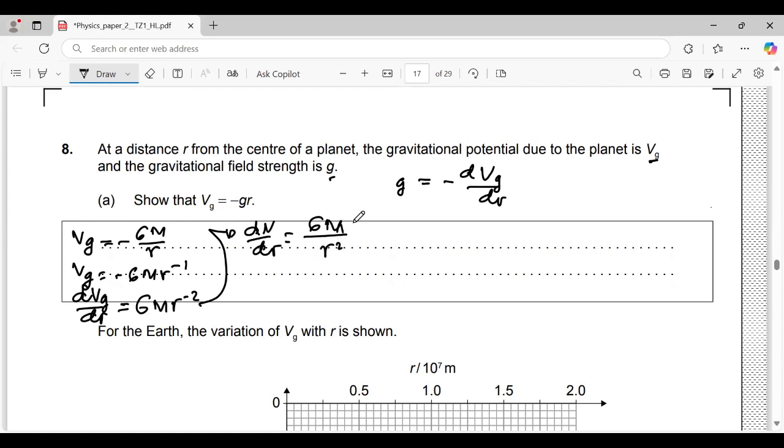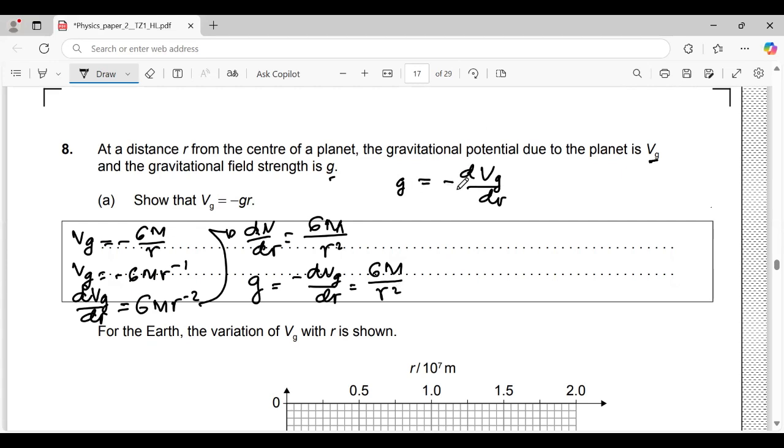This is M. And then it gives us the gravitational field strength g, because g equals minus dVg/dr, which equals GM over r squared.